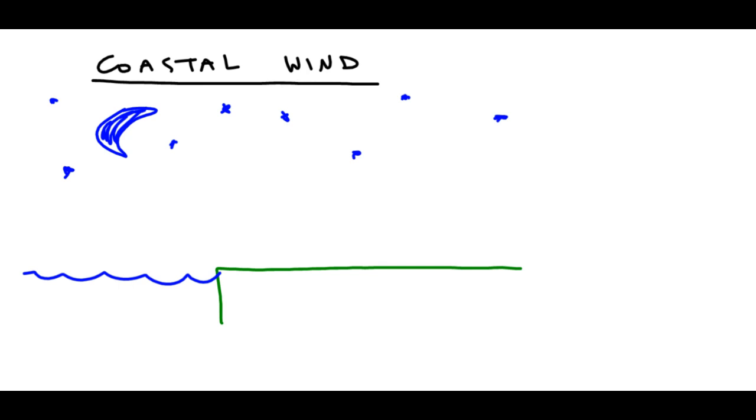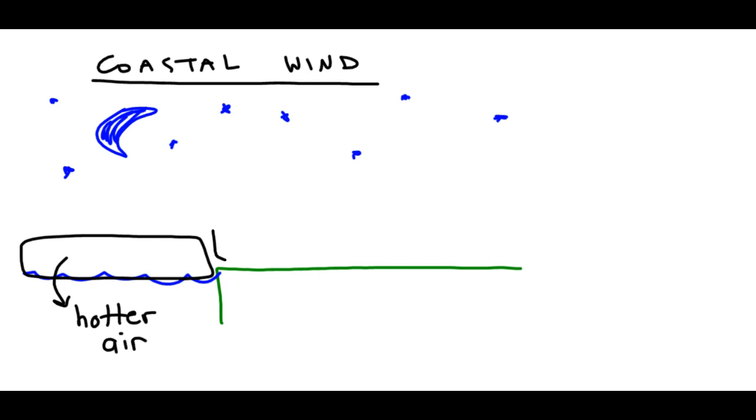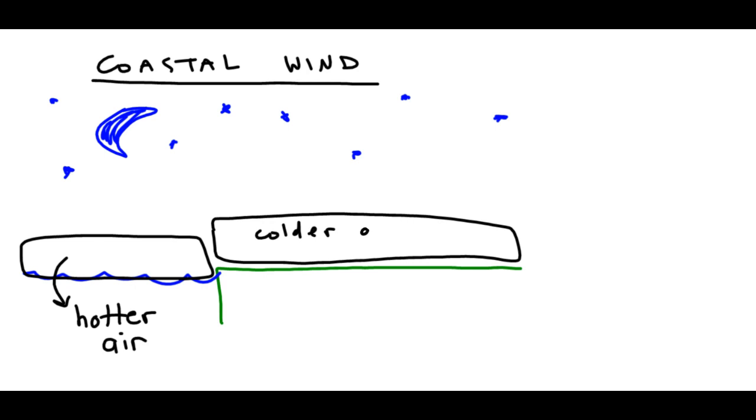Okay. In this case, now what we have is air over the ocean, which is hotter. So our hotter air is over the ocean. And the colder air now, this is our colder air over the ground.